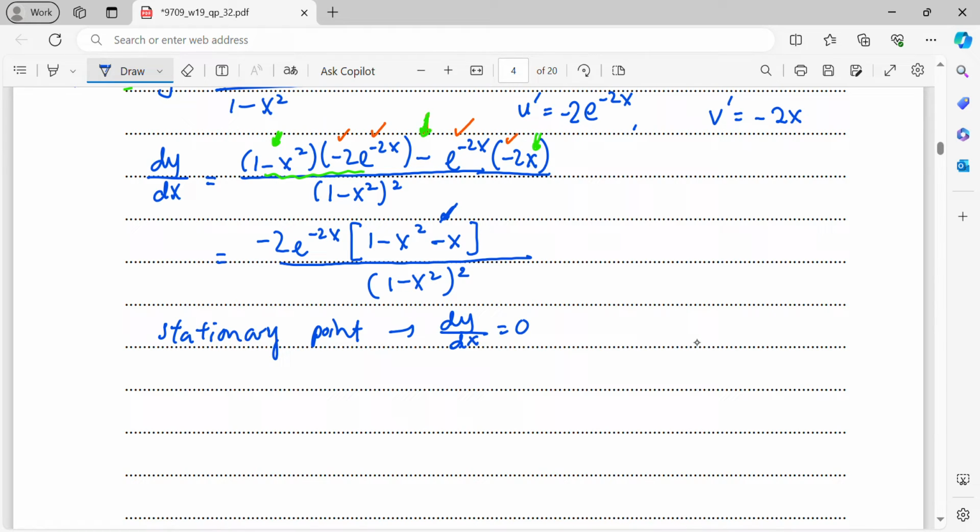Then from here, I will write 0 equals negative 2e^(-2x) multiplied with (1 minus x squared minus x), over the square of the quadratic.